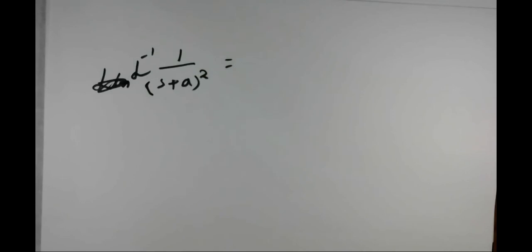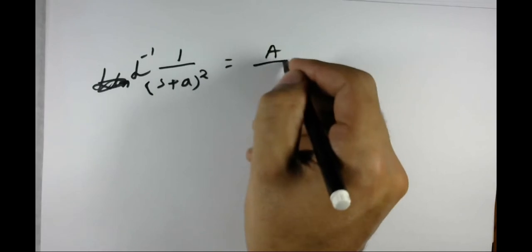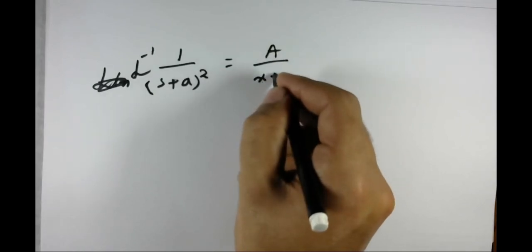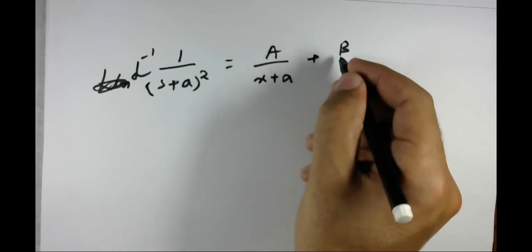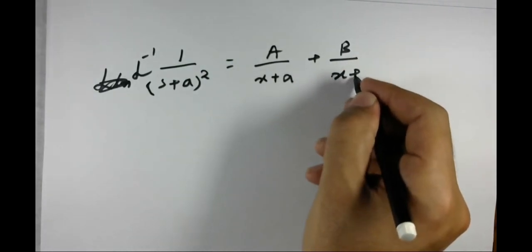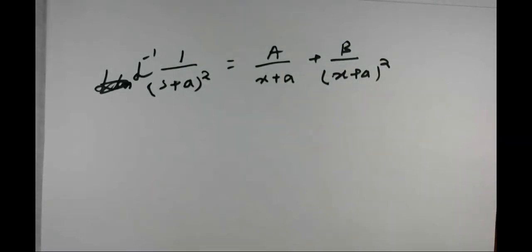To find the partial fraction, you need to know the partial fraction of repeated poles. So this will be simple. This is equal to a divided by s plus a, plus b divided by s plus a whole square. You reached here. Now you need to find the values of a and b, and put them over here.